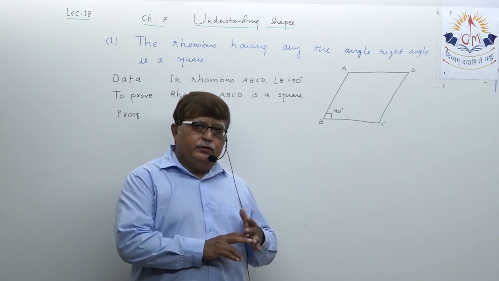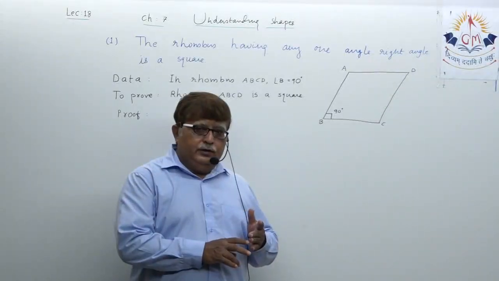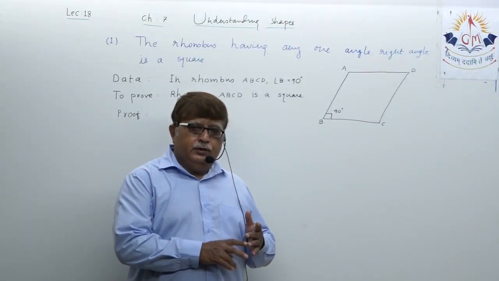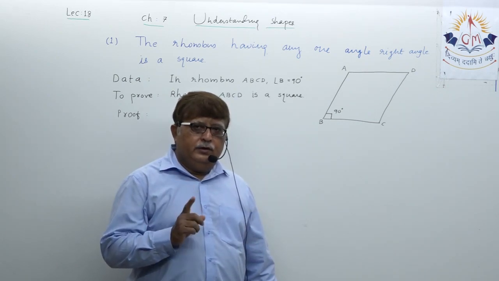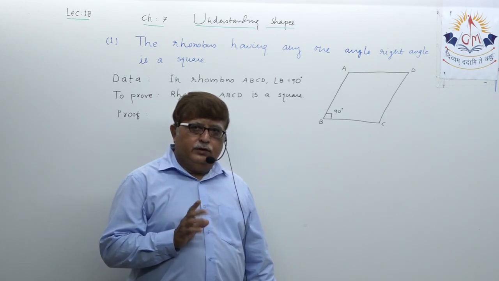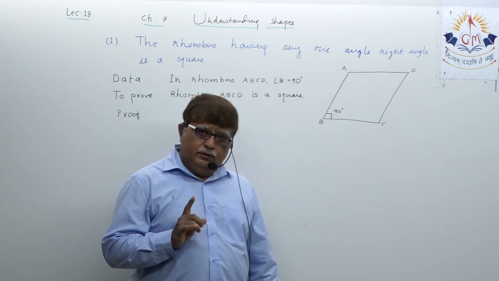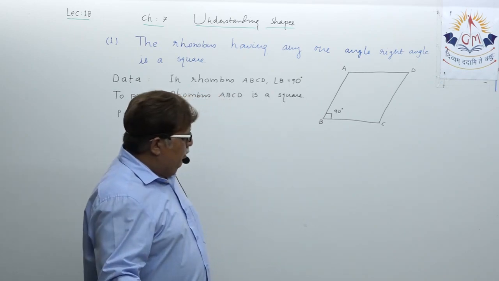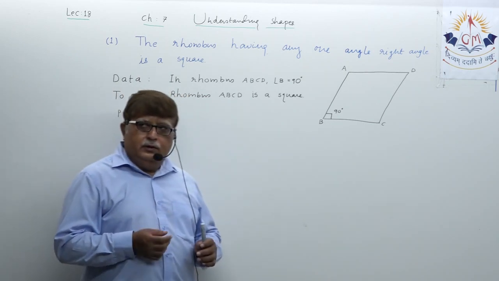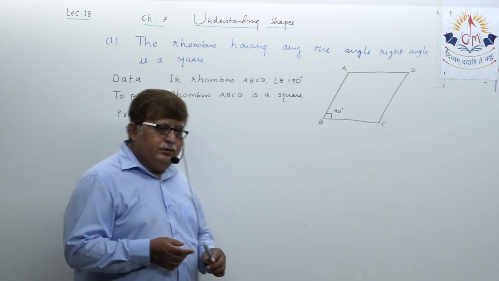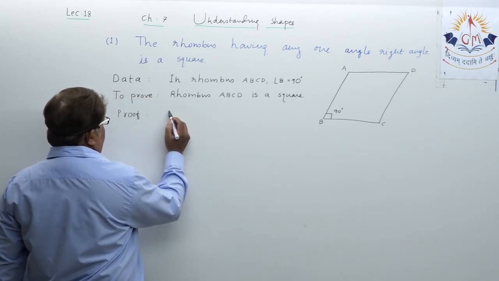Either you consider parallelogram, square, rectangle, rhombus, a pair of adjacent angles are always supplementary except in trapezium. Okay. So can we utilize that concept here? Definitely. We will continue this way.